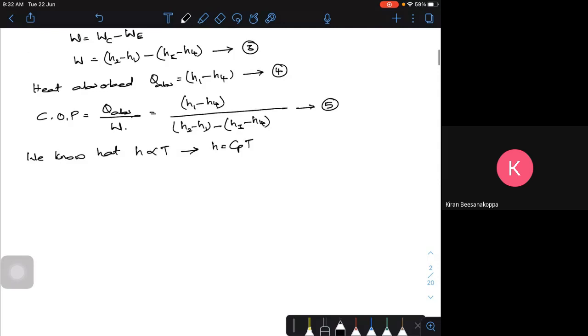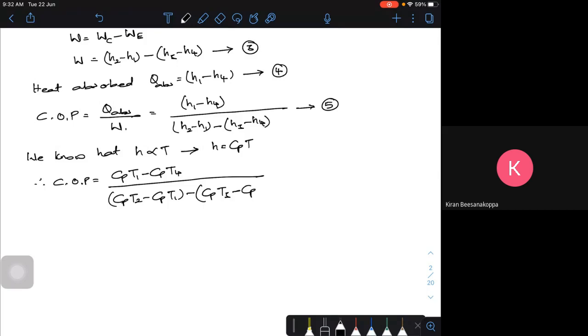So what will happen? Therefore, your COP is equal to, as already defined, H is nothing but Cp into T1 minus Cp into T4, divided by Cp into T2 minus Cp into T1, minus Cp into T3 minus Cp into T4.